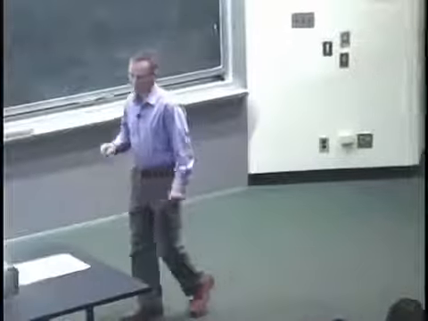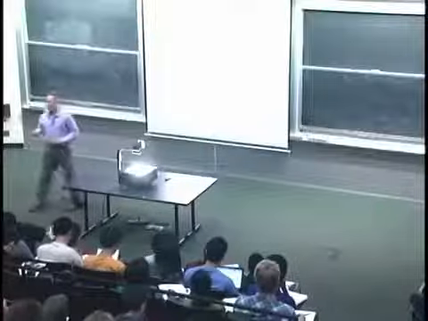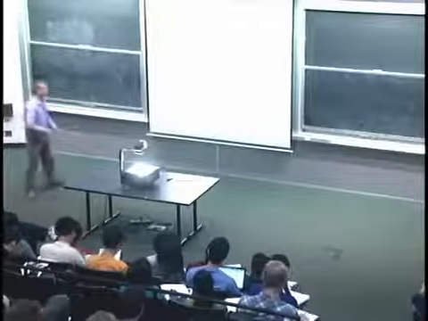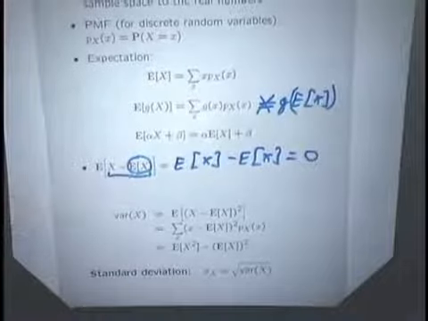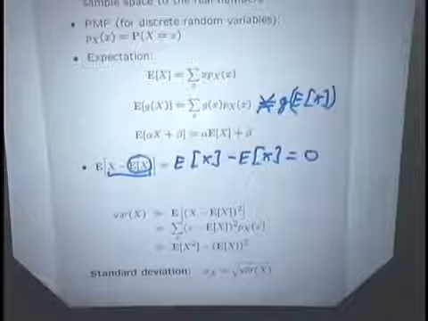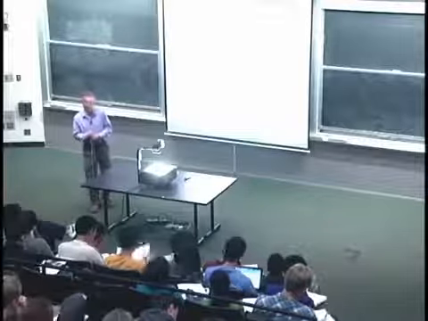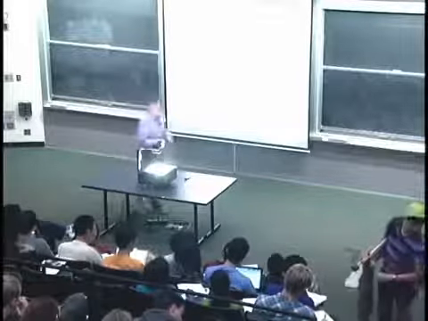Positives and negatives cancel out. So if we want to capture the idea of how far we are from the mean, just looking at the signed distance from the mean is not going to give us any useful information. If we want to say something about how far we are typically, we should do something different.